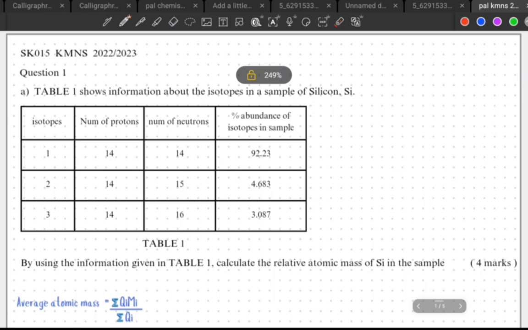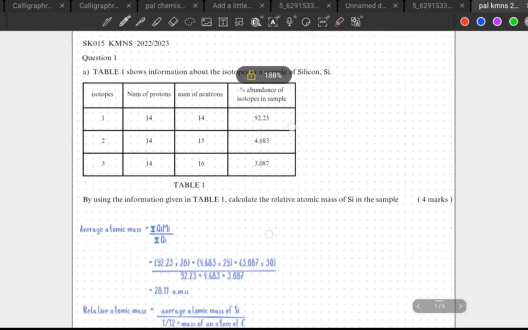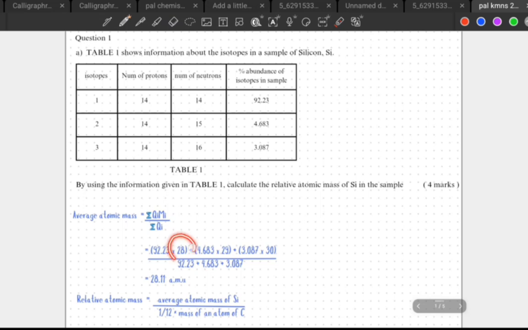M, we substitute number of proton plus number of neutron, and then we get 28, 29 and 30. And then we will get the final answer 28.11 AMU. This one, you will get 1 mark. Answer with unit, 1 mark.